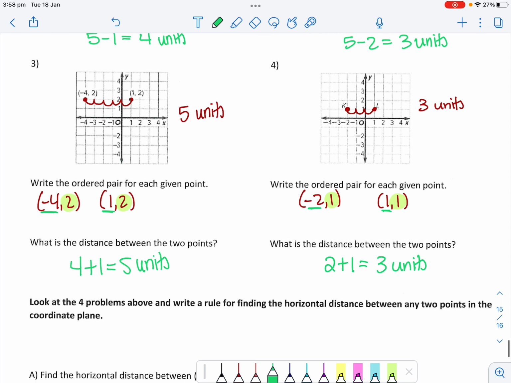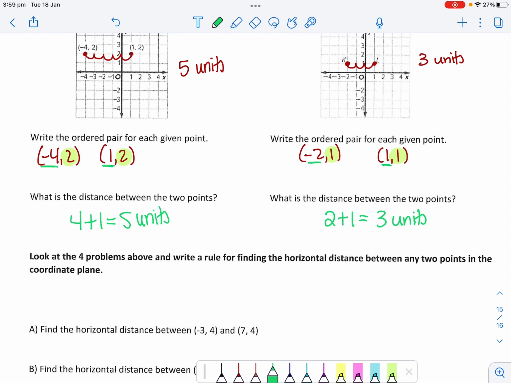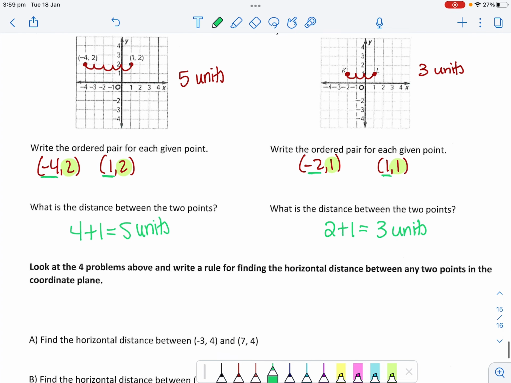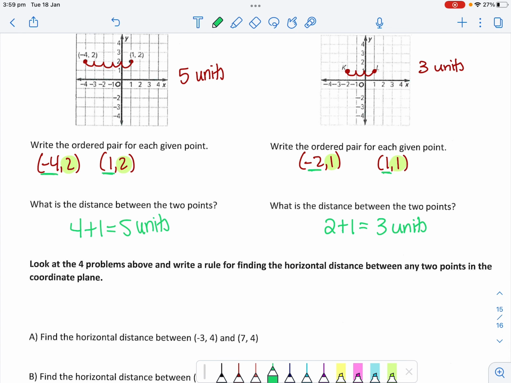So the next part says, look at the 4 problems above and write a rule for finding horizontal distance between any 2 points in the coordinate plane. So in the coordinate plane, if the y coordinates are the same, use the x coordinates.